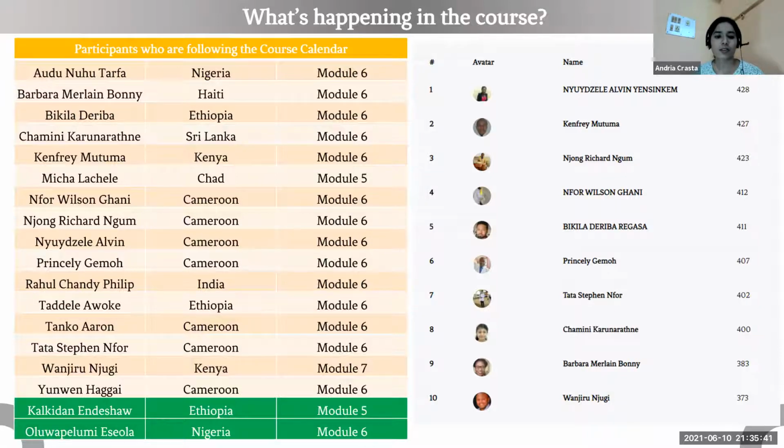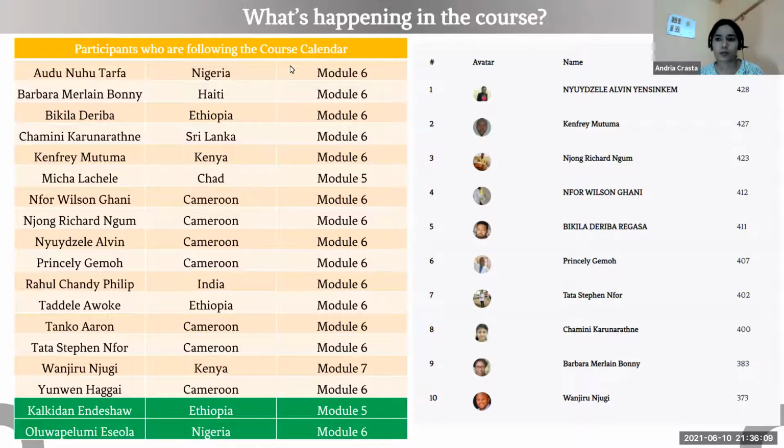And also you can see a snapshot of the leaderboard for this morning. The leaderboard, as you know, is being constantly updated. It is through your activities, and you gain points through various quizzes, completing the other activities, and so on. So it is good to see active participation there.